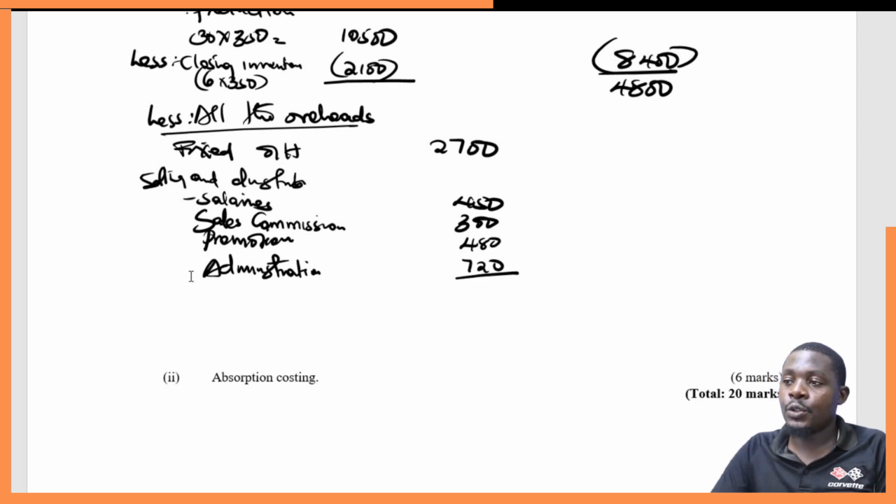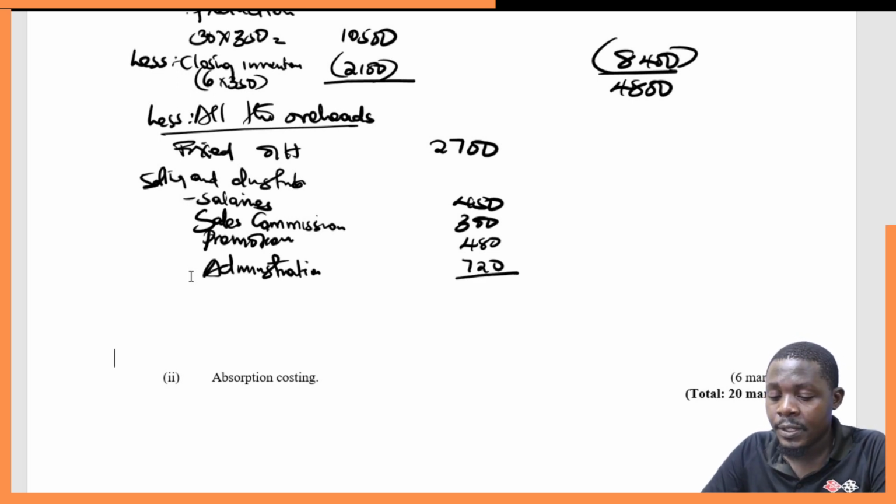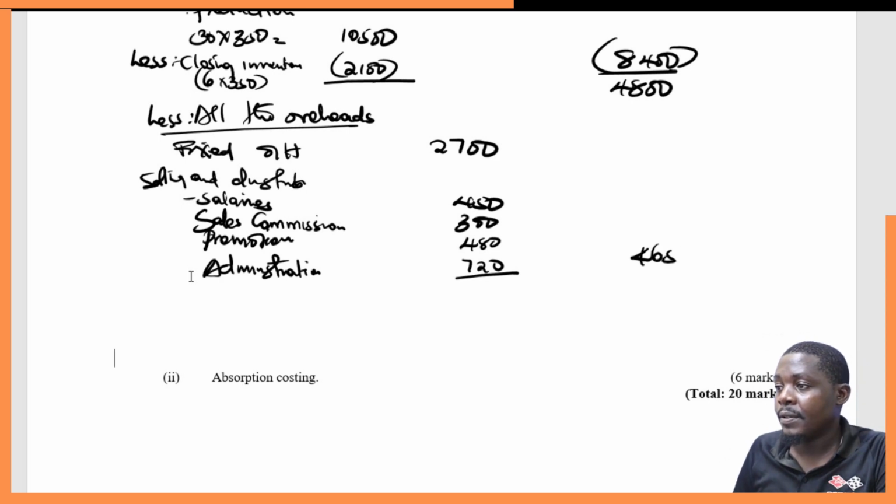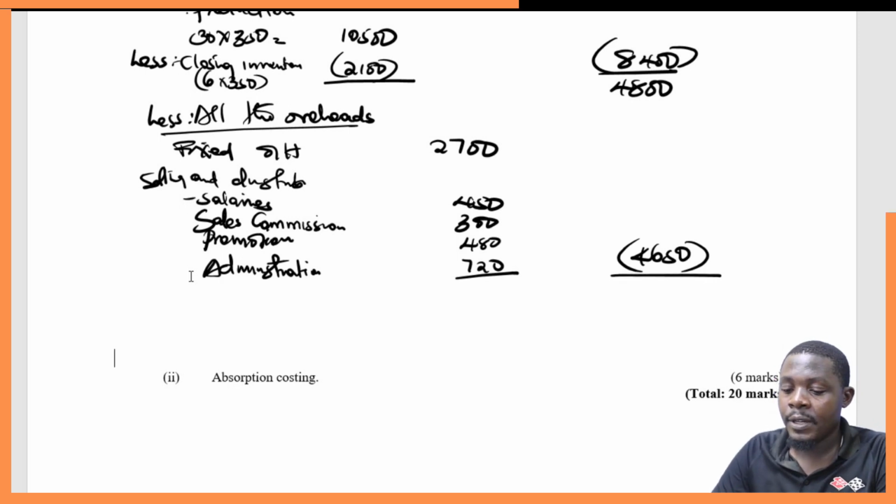Then you find the total, that is 2,700 plus 450 plus 300 plus 480 plus 720, which is equal to 4,650.